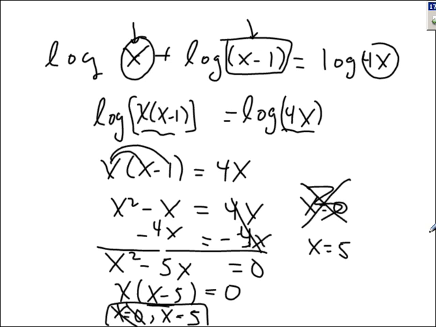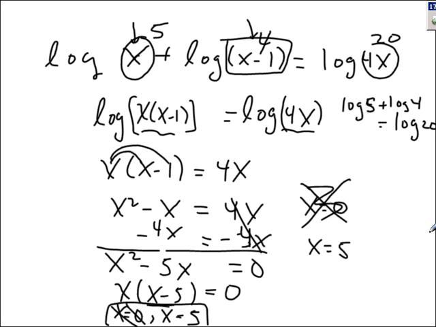What about 5? Well, if x is 5, then this will be 5, and this will be 4, and this will be 4 times 5, or 20. So the right-hand side says log of 20, and the left-hand side says log of 5 plus log of 4. But yeah, that is log of 20.